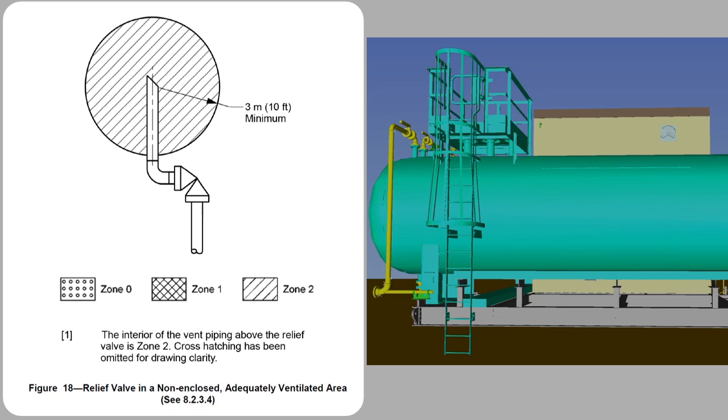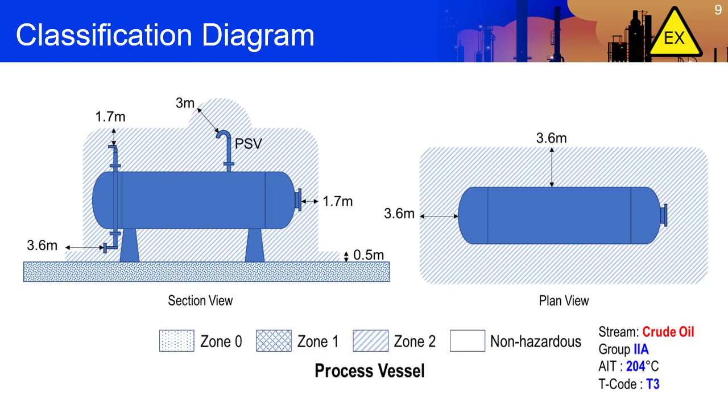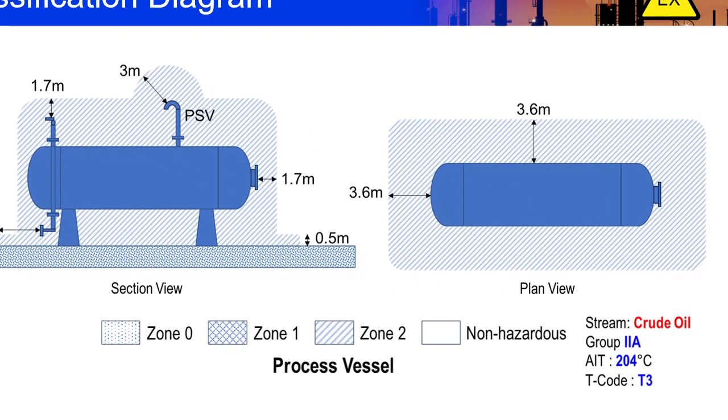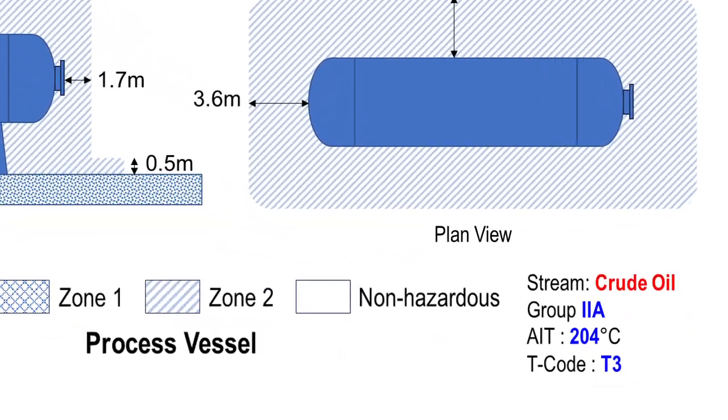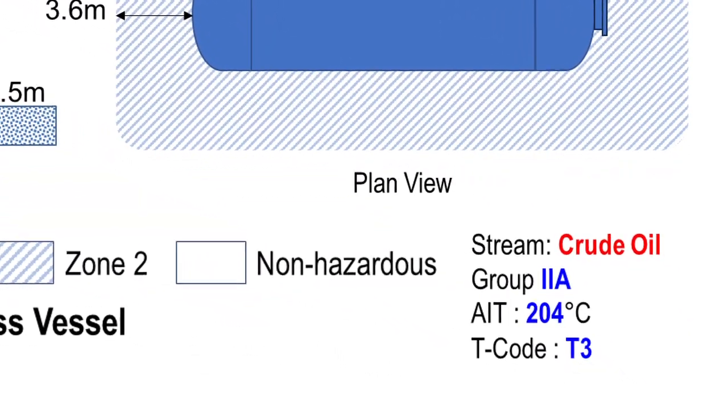Let's use this diagram in our assessment. Be sure to reference the API clause, indicated in the diagram, to ensure that you apply the diagram in an appropriate way. If we apply the results of our ExHAC analysis, and the guidance provided in API for PSVs, our diagram will look like this.